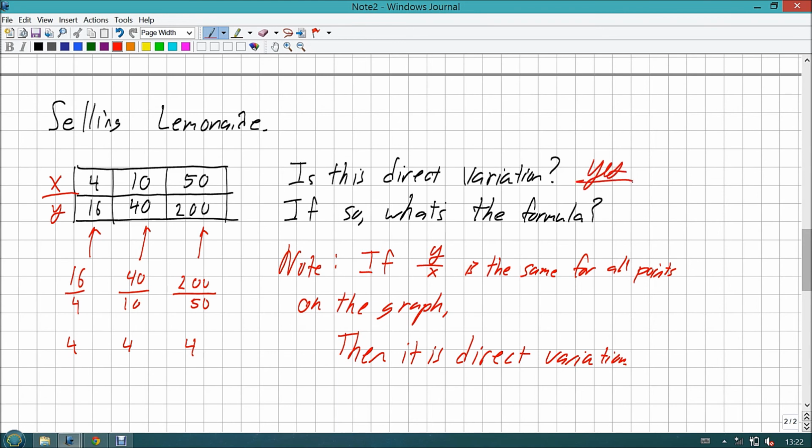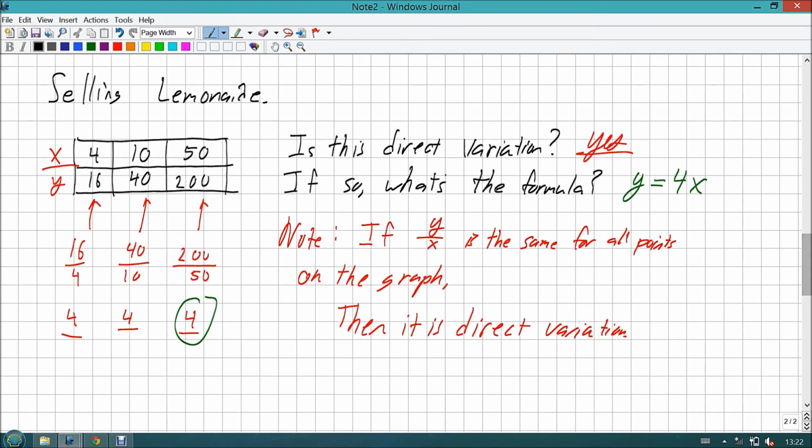It is direct variation. What's the formula? I think we found out what the constant of variation is. So our formula would be a whopping y is equal to 4x. Super easy, no problems. Should be easy to do, should be easy to follow, should be easily done before you leave my classroom today.